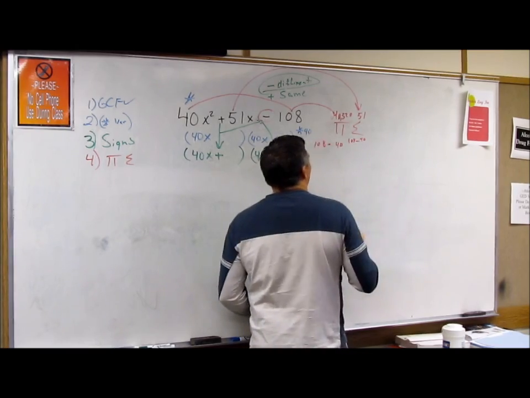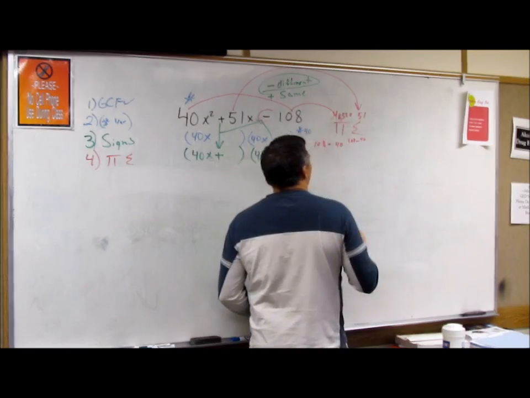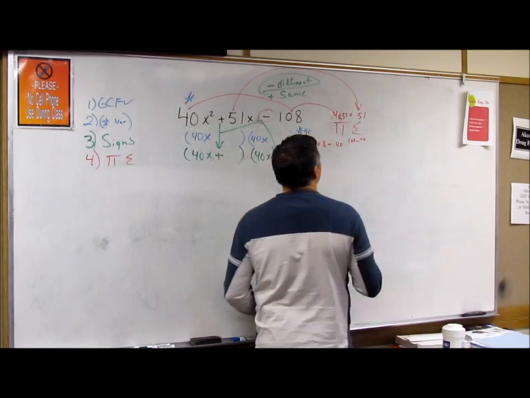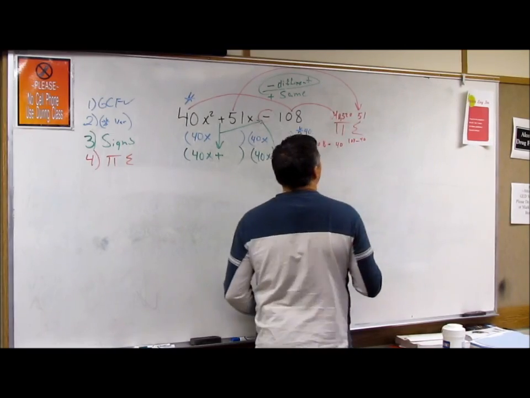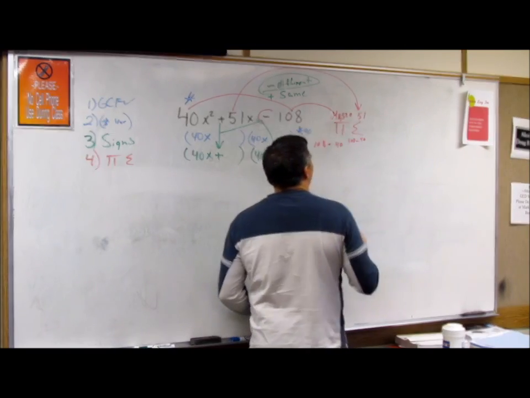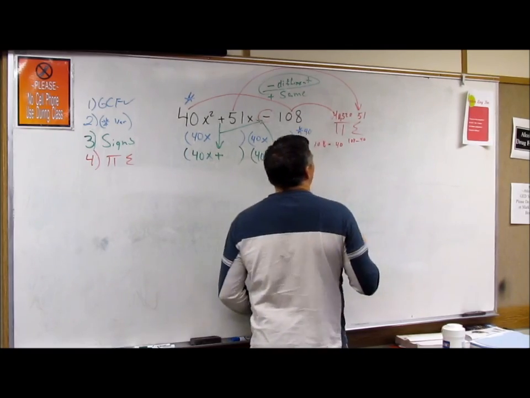Then let's try 42. Why am I trying a 2 rather than a 1? Yeah, because they're both even numbers. That's all.